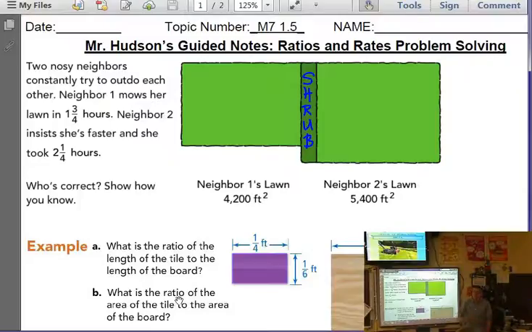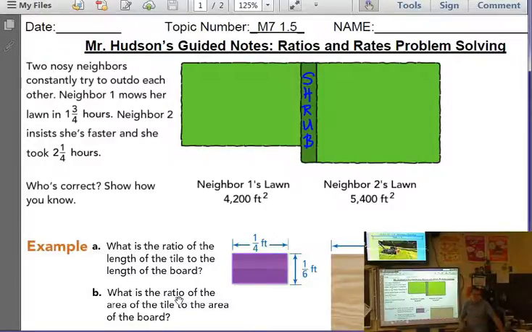So if we're going to compute a rate that involves time, would the time be the first value in the division or the second value in the division? Where would the time come? When we talk about a unit rate and we involve time, where does time normally come?